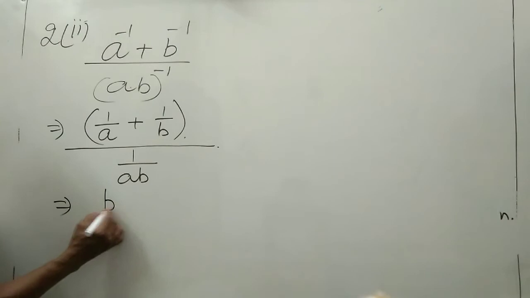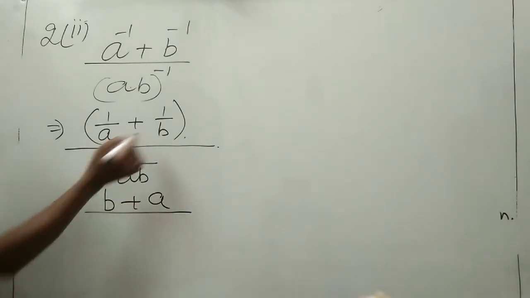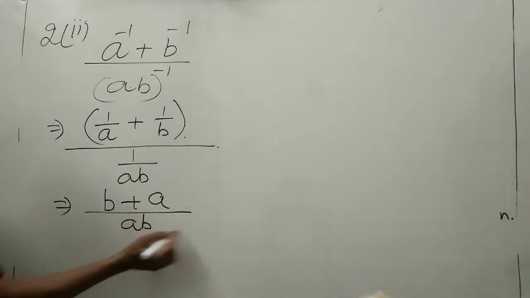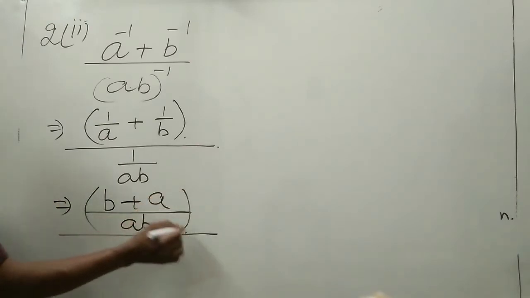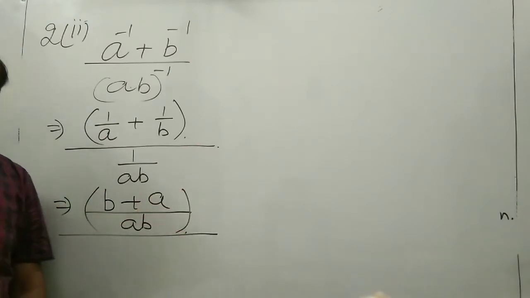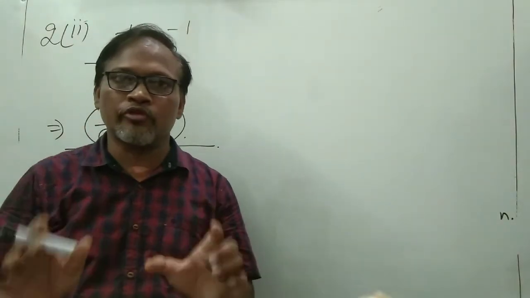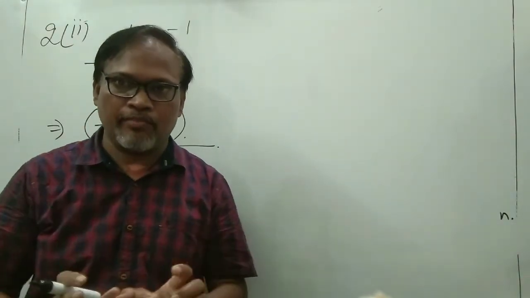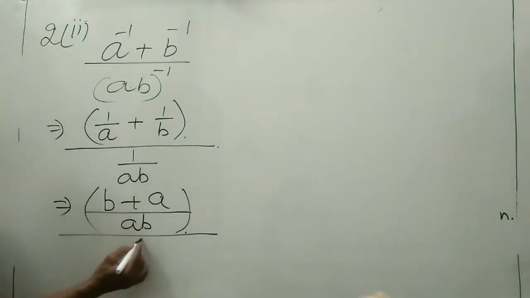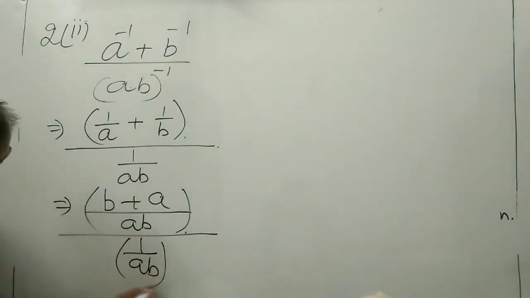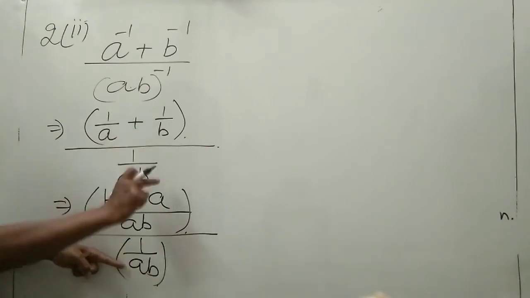So what is the LCM? LCM is ab, and no need to tell how to take LCM, because this is class 9th, and in class 9th I suppose all of you know how to take the LCM. 1 upon ab, and then this ab will go into the numerator.